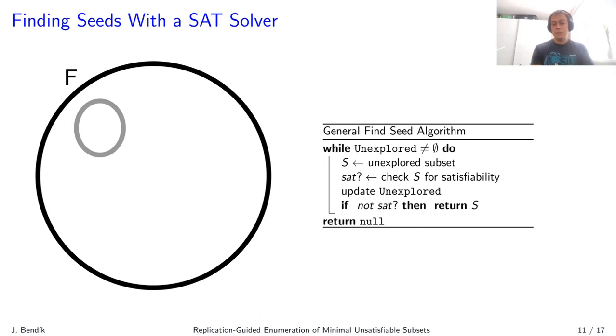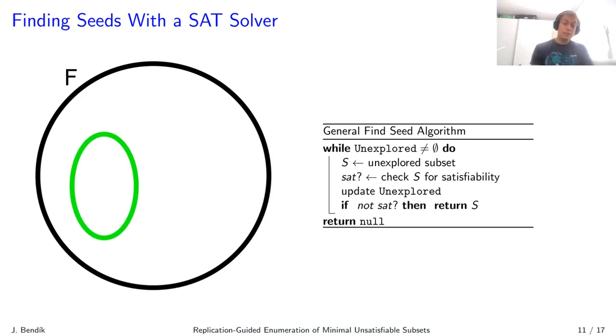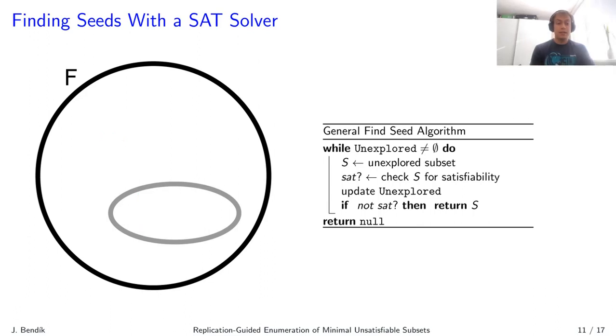Now we can check it for satisfiability, and we find out that it is satisfiable. So we just block this model of the formula map and we ask for another one, so this one, and we check it for satisfiability. Again, it's satisfiable. But eventually the map solver will give us an unexplored subset which is unsatisfiable. So we can use it as a seed and we can shrink it to a MUS.